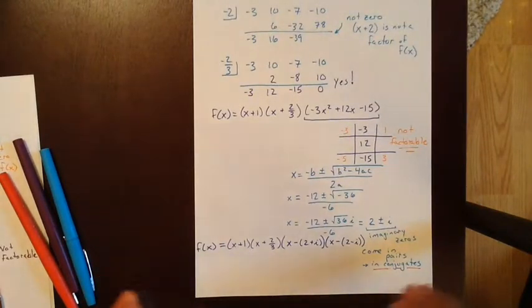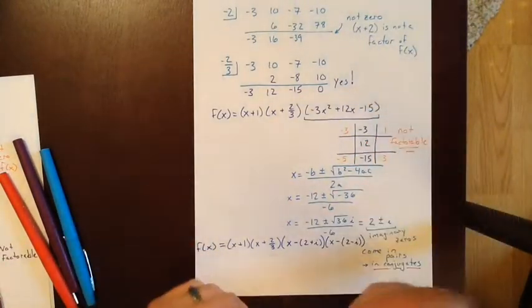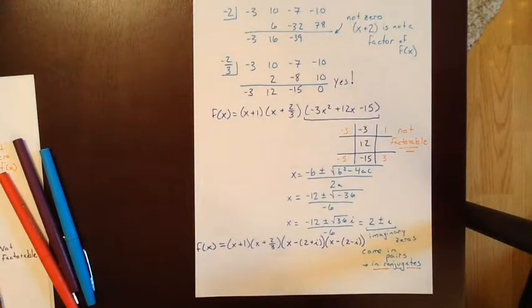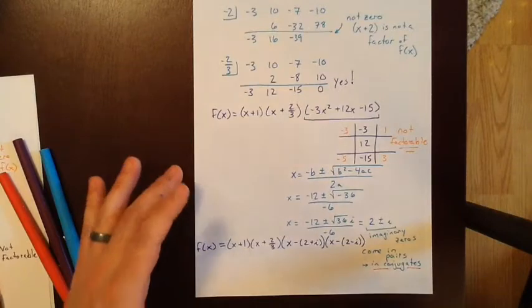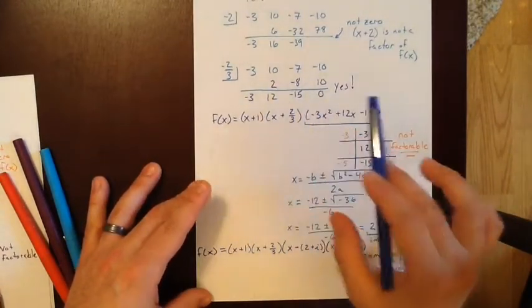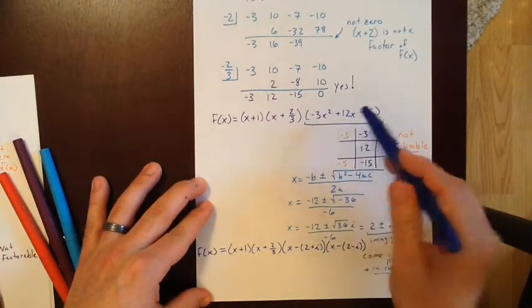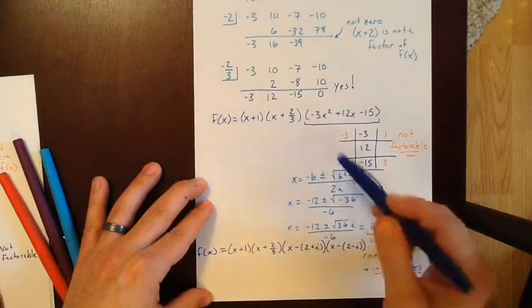So going through this whole process again, it can be rather lengthy. If we choose the wrong zeros to test, it could add time to this problem. That's why we want to use those initial tests, the fundamental theorem of algebra, Descartes' rule of signs, and other things, to get to a quadratic. And with a quadratic, we try to factor, or if that fails us, we can use the quadratic formula.